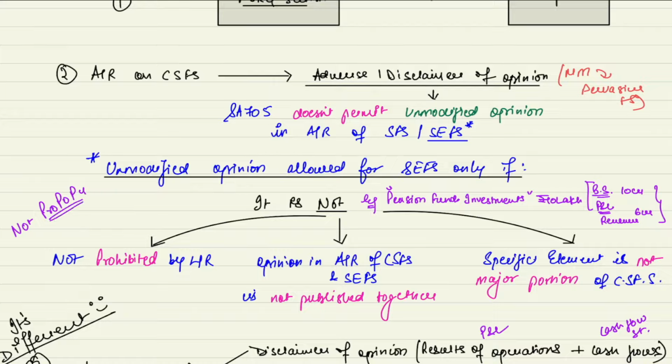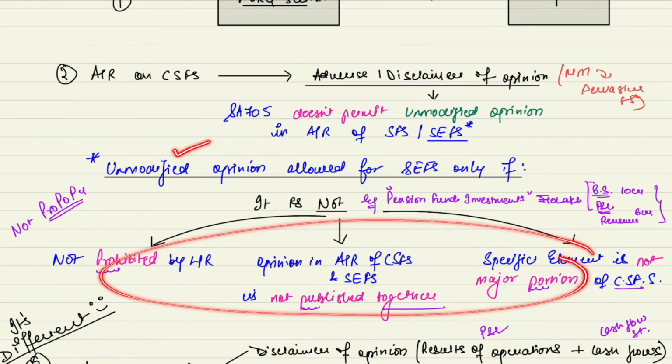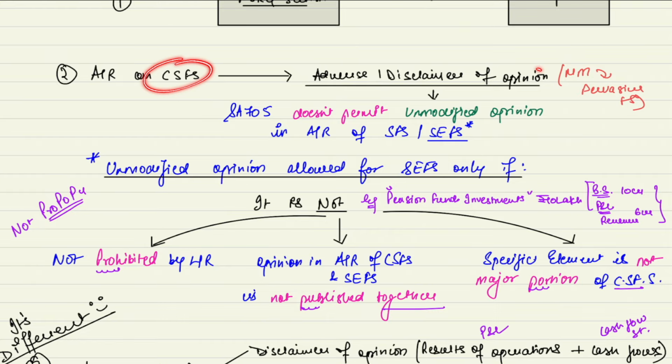Pro po pu means it is not prohibited, it is not a major portion of the complete set, and these are not published together. If these 3 conditions are satisfied, you can give an unmodified opinion on SEFS even though there is an adverse or disclaimer of opinion on the complete set of financial statements.